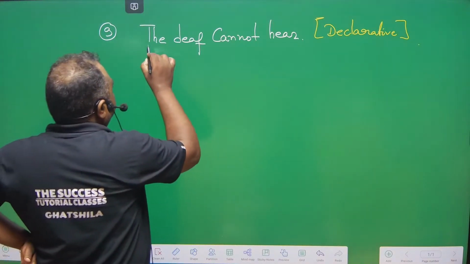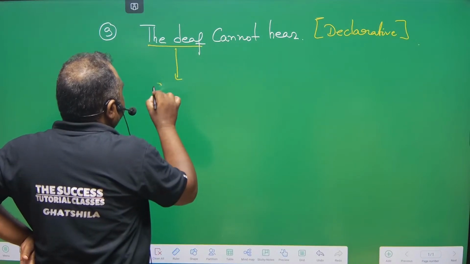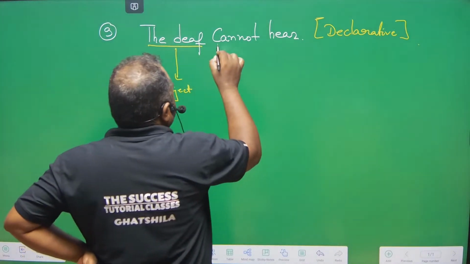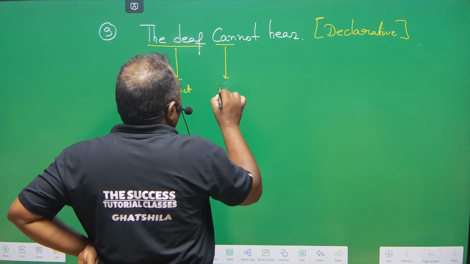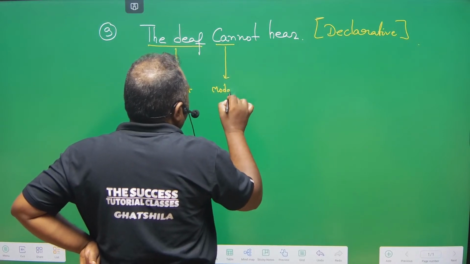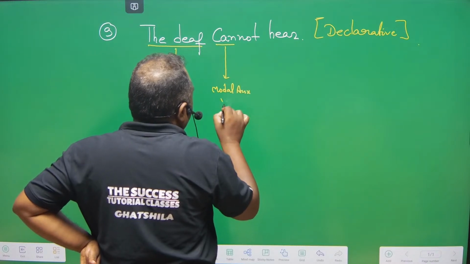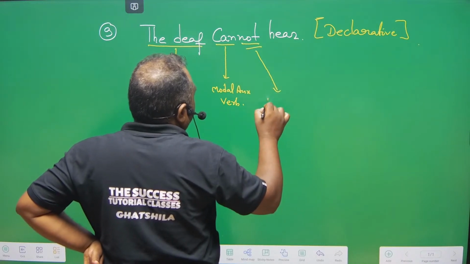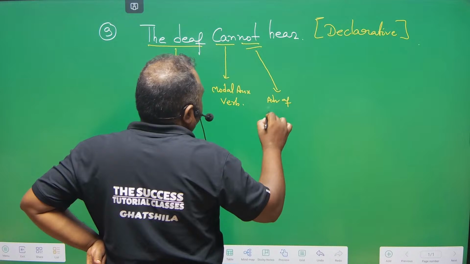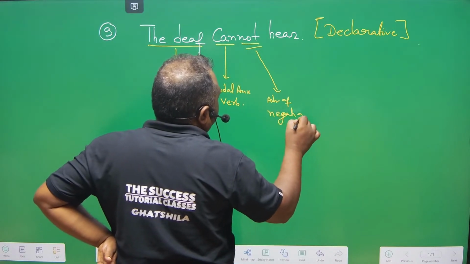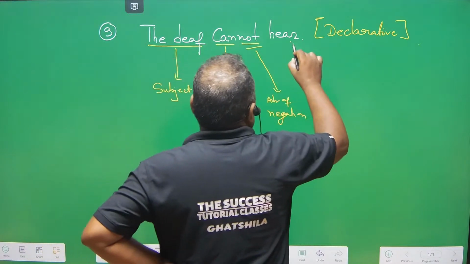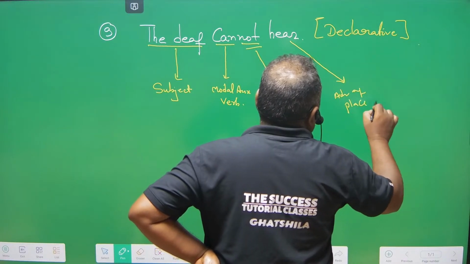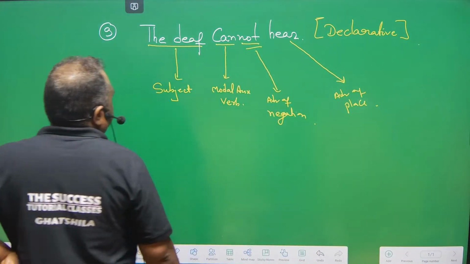Here, the deaf is the subject, can is a modal auxiliary verb, not is an adverb of negation, a negative word, and hear is the verb. The deaf cannot hear.